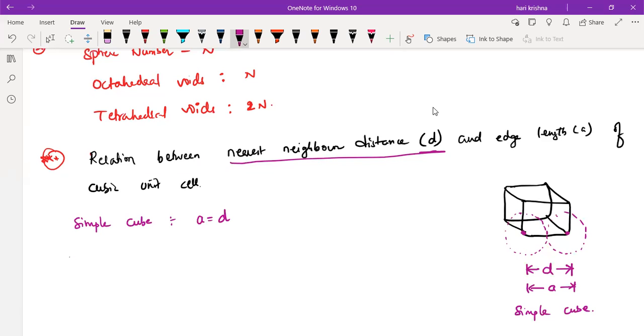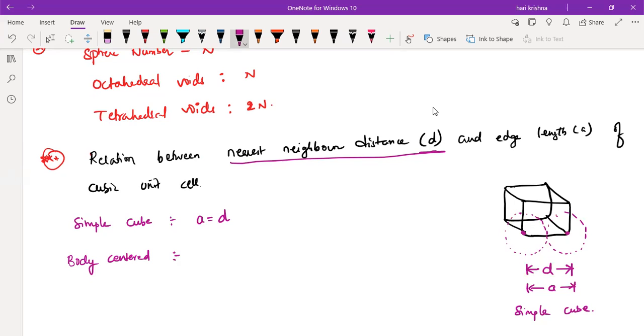Next, body centered. What is the condition for body centered actually? Root 3 A equal to 4r, right?